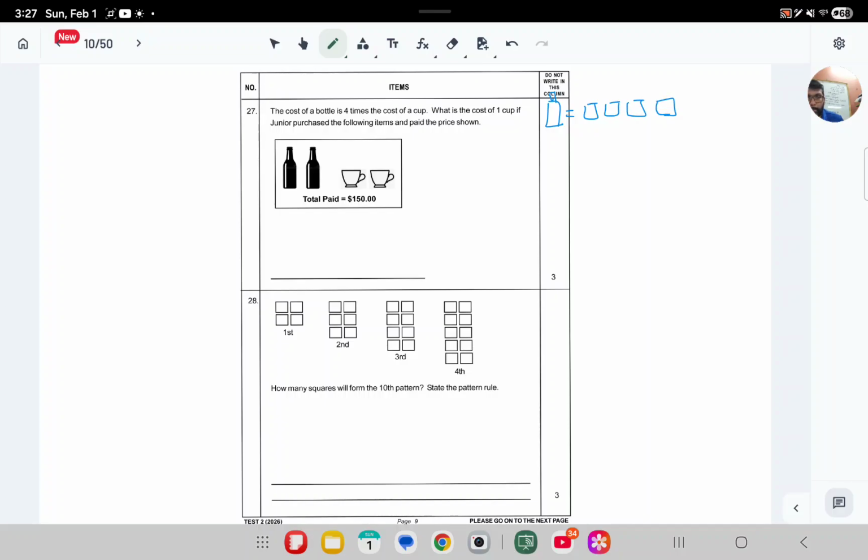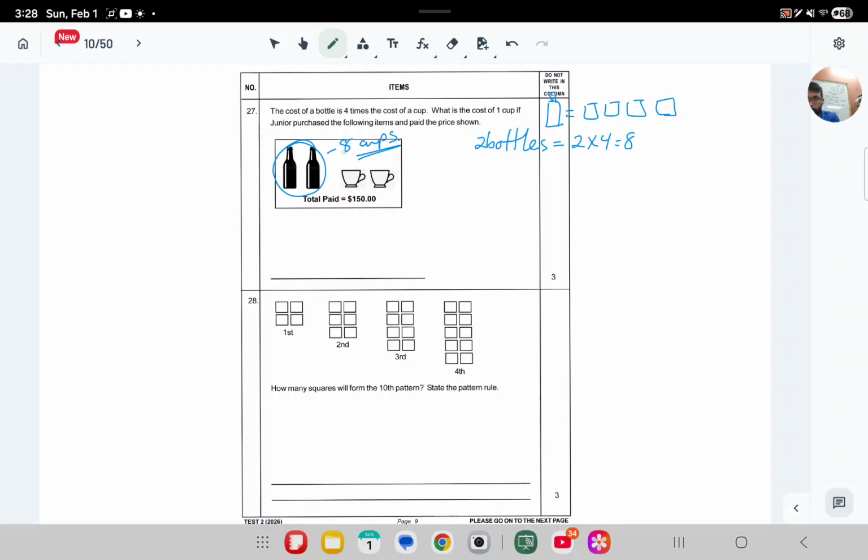Alright? So one bottle is basically 4 of the cups. We have 2 bottles, so 2 bottles would be 2 multiplied by 4, which is 8.